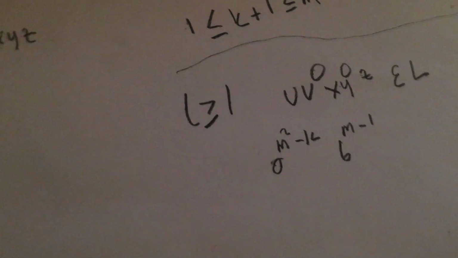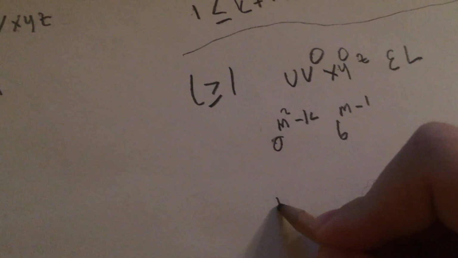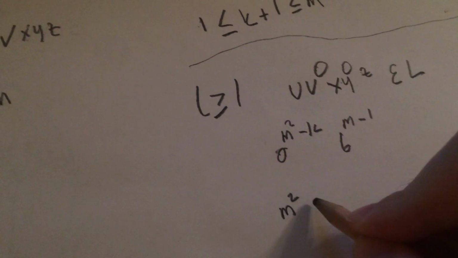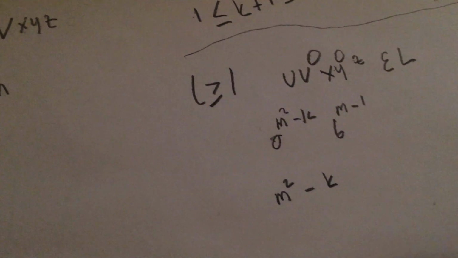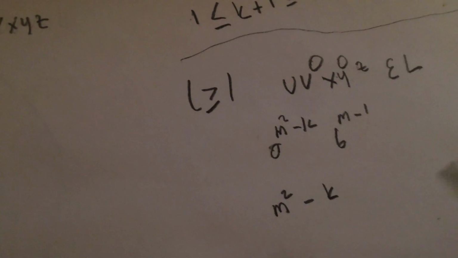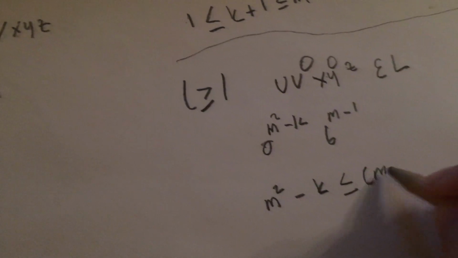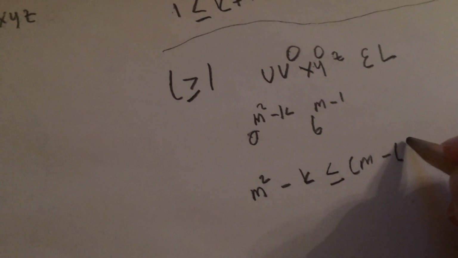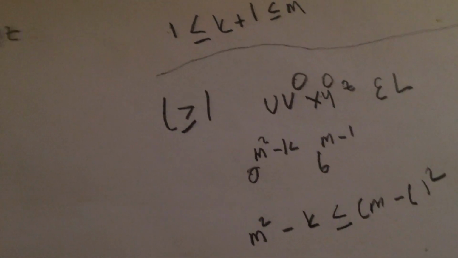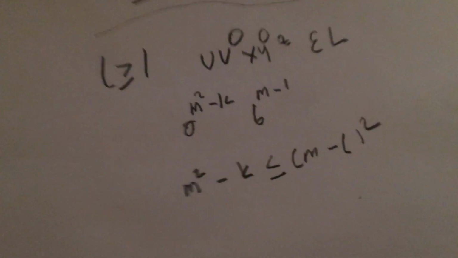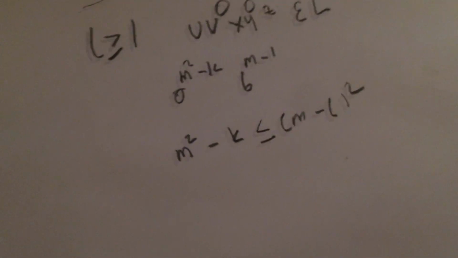So it must be that m² − k is equal to (m − l)². However, this is impossible. I will explain why it is impossible.